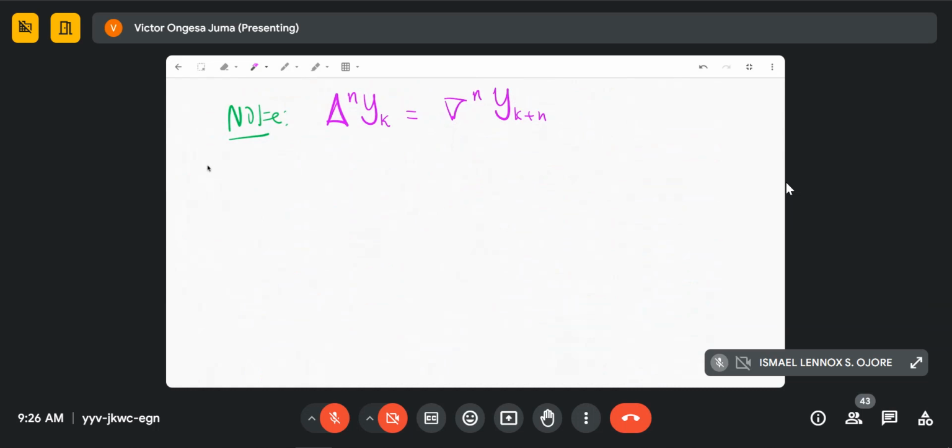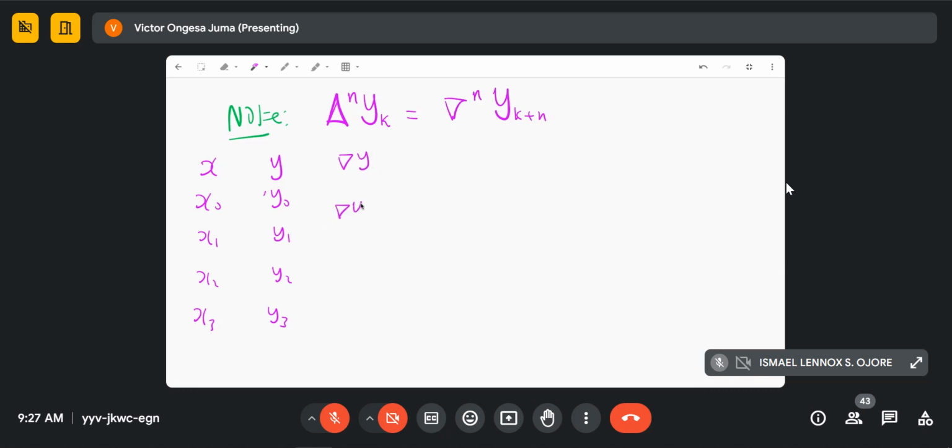I have the x, I have the y. So this is x0, x1, x2, x3. Let me write these values: y0, y1, y2, y3. And then I have the backward difference of y.